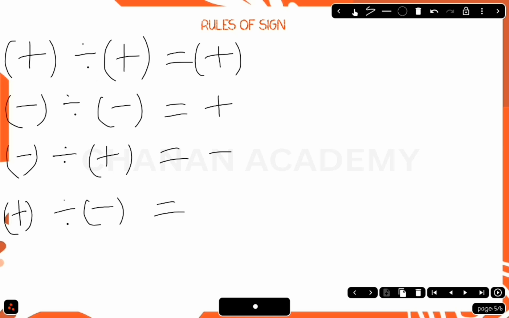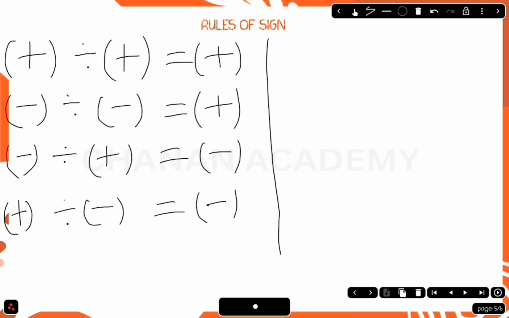The result is negative. Now, with this, you see that if the signs are the same, the result is always positive, and if the signs are different, the result is always negative. All right, that's for division.